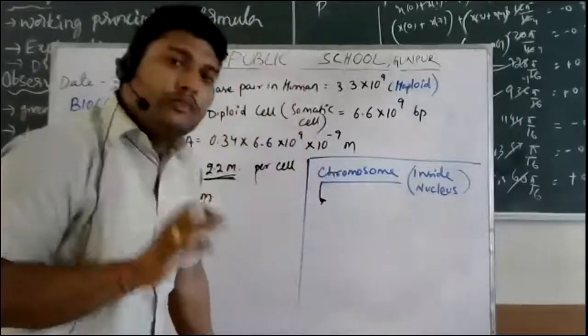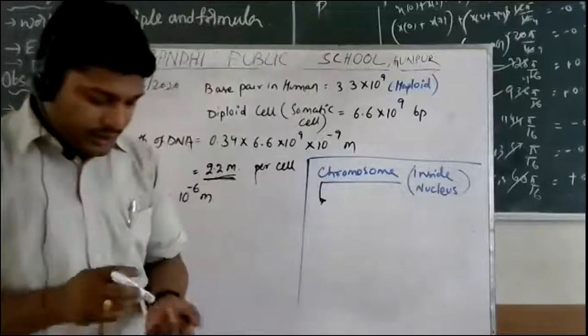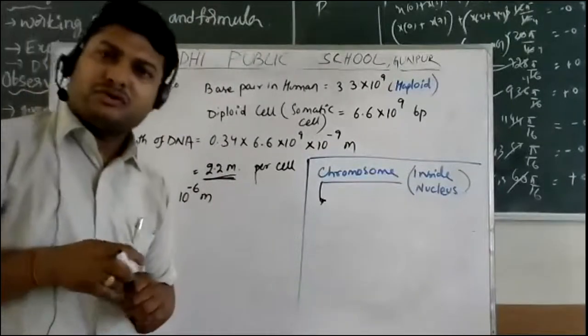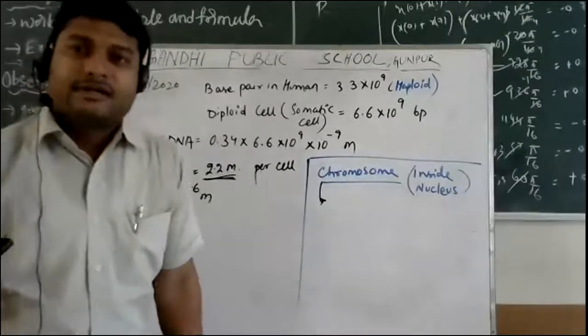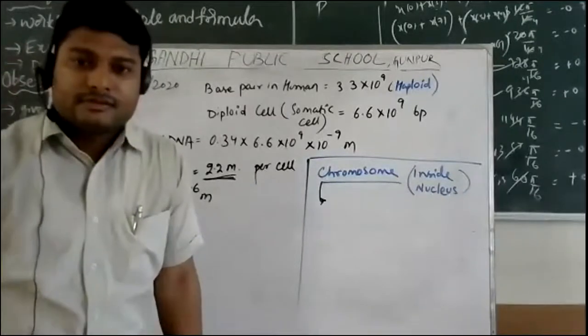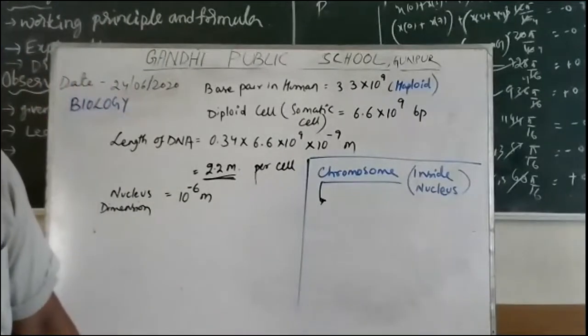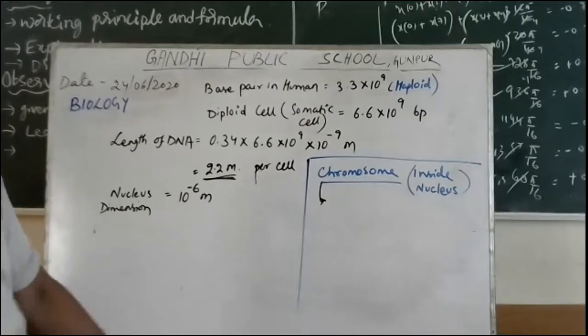Can you tell me what is the composition of chromosome based on your earlier classes? Chromatids? No, chromatid is slightly different. Protein, histone protein. Protein and DNA. Okay, fine, good.